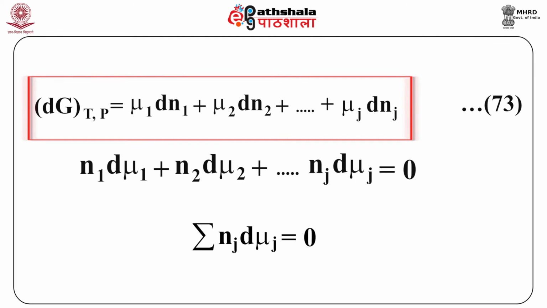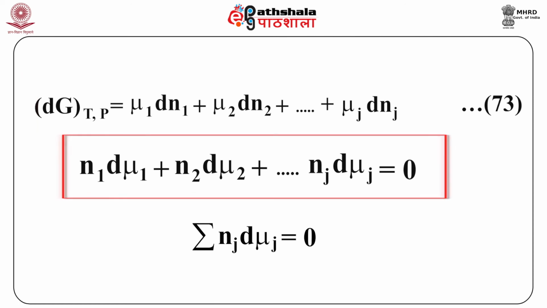But from equation 69 we know that at constant temperature and pressure, dG equals mu1 dn1 plus mu2 dn2, up till mu j dnj, as our equation 73.